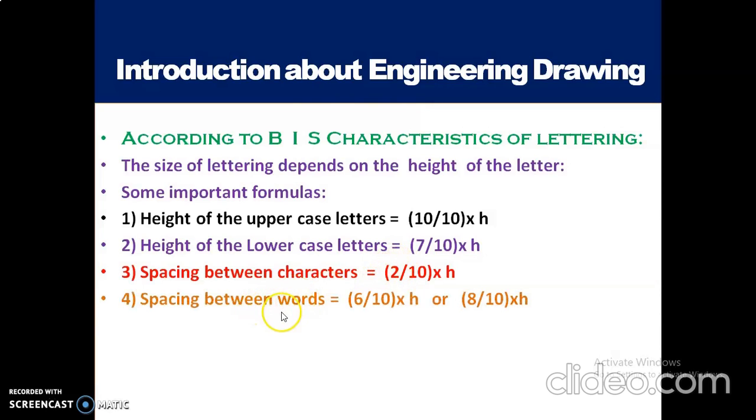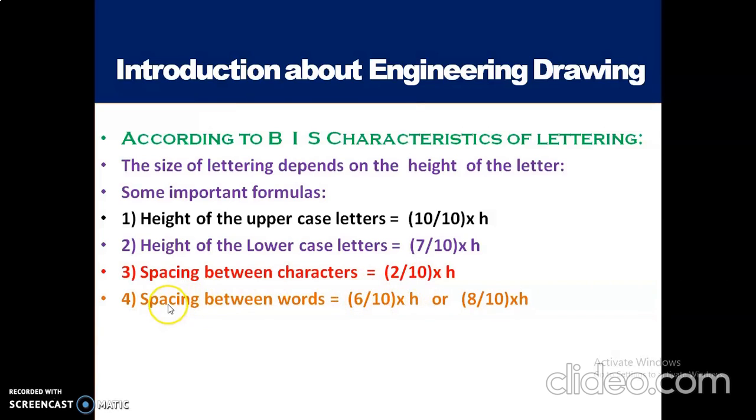Spacing between words: this is one word, and between is a second word. The distance between these two words has the formula 6 by 10 into H. In place of H you can take any value, or sometimes we may take 8 by 10 into H. For example, if we take H value 10, the 10 and this 10 get cancelled, so we have 6 mm.